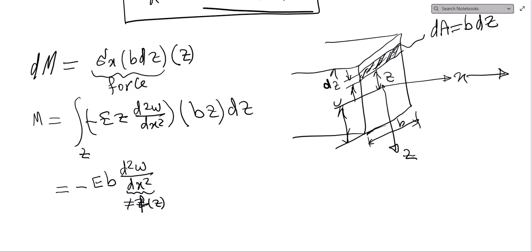As we know, for any given cross section, that is only a given value. Therefore, the only thing that survives is z squared, because I have one z here, z squared dz.